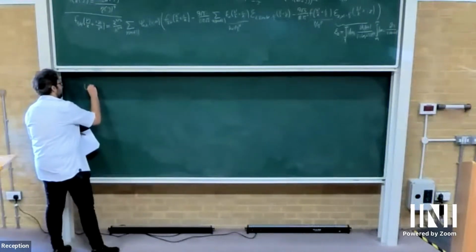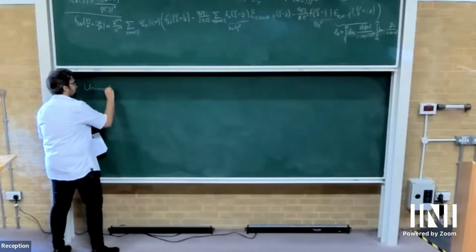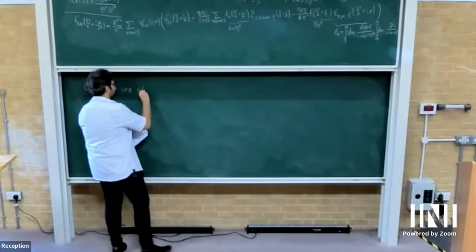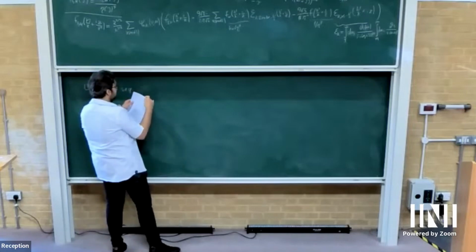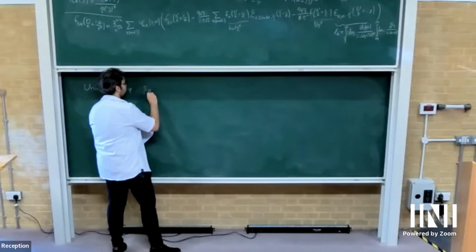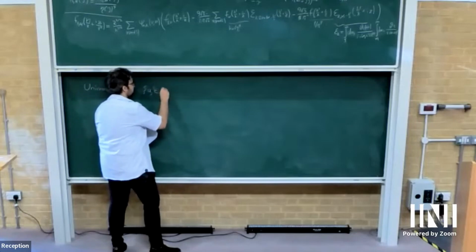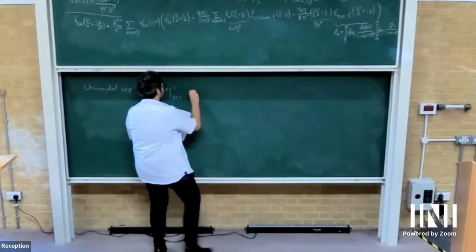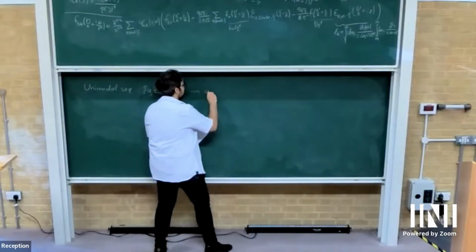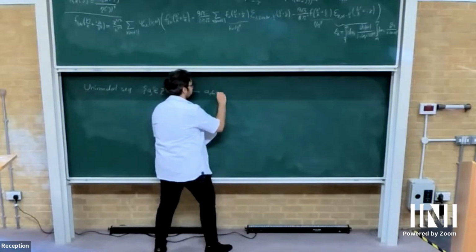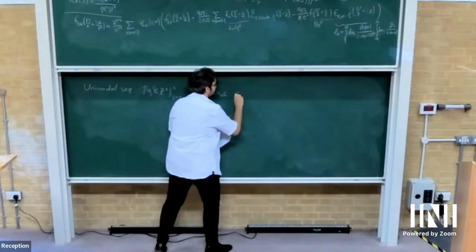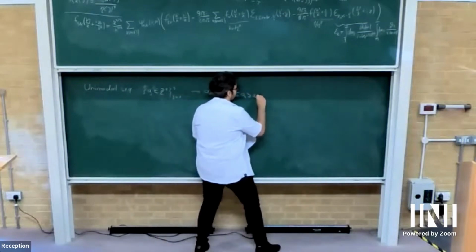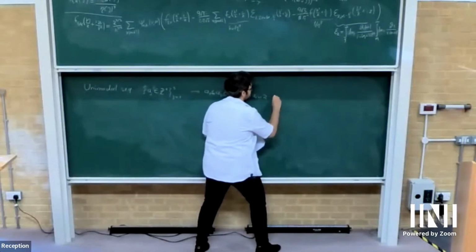This is in the context of so-called unimodal sequences. A unimodal sequence of certain size is a sequence of positive integers running from 1 to s, let's say, where I require the numbers to be growing at first up to some peak, and then decaying back until the end.